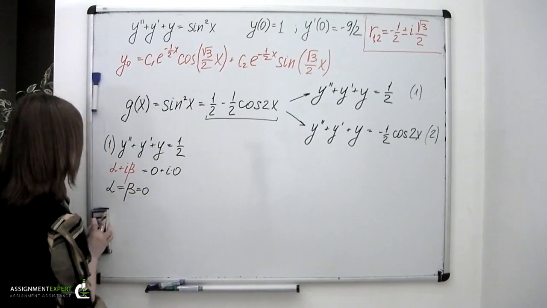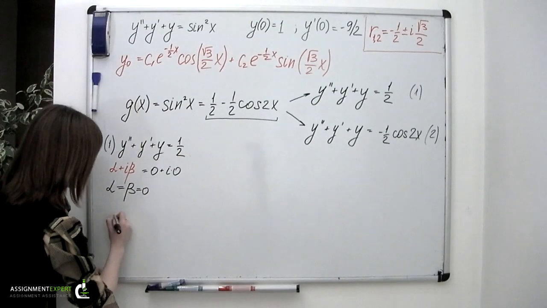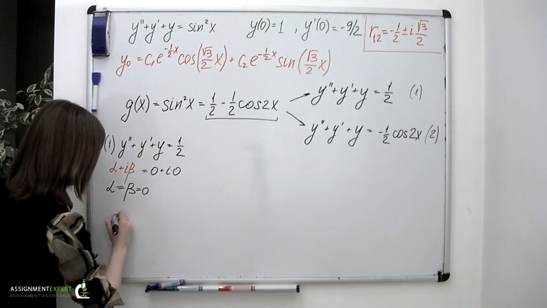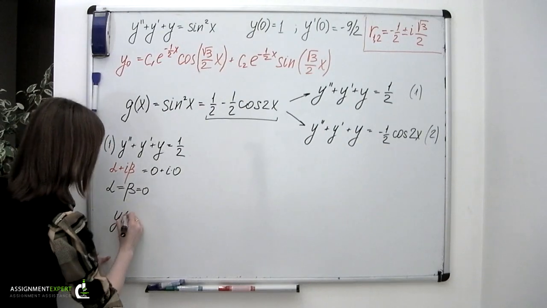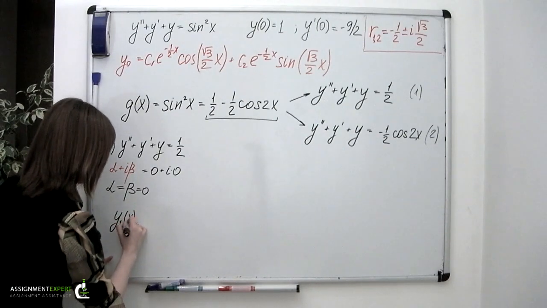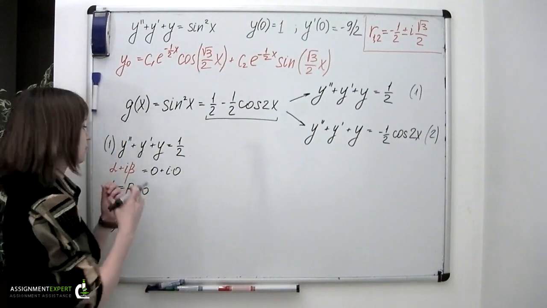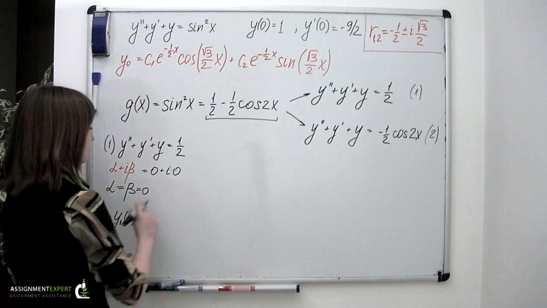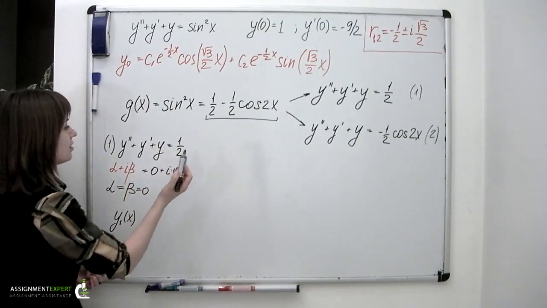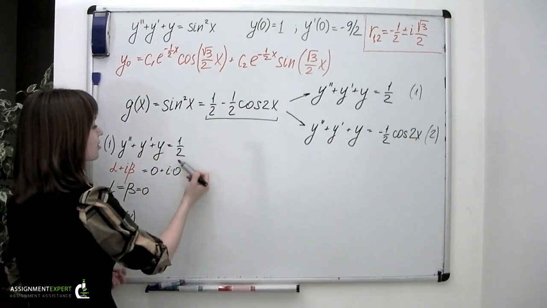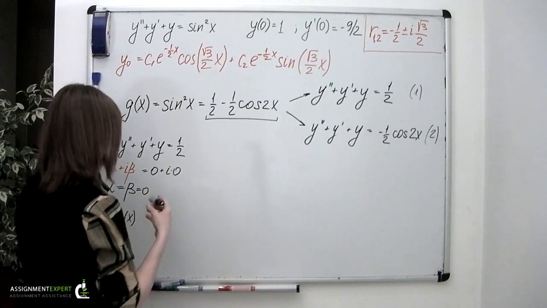And we can find the particular solution of this non-homogeneous equation, y sub 1 of x, as a polynomial function of the 0th degree, because the non-homogeneous term here is the polynomial function of the 0th degree itself.